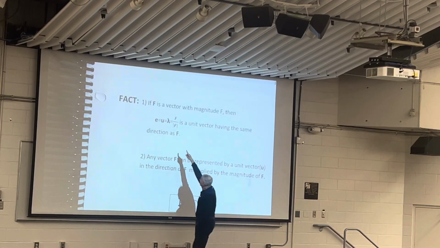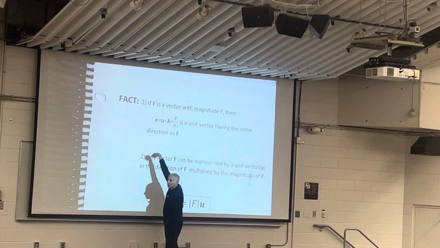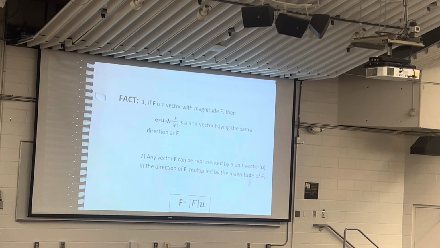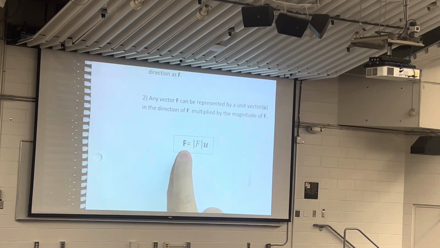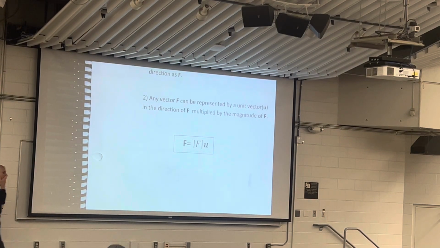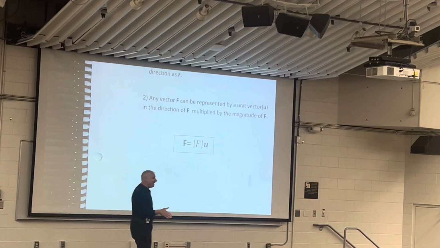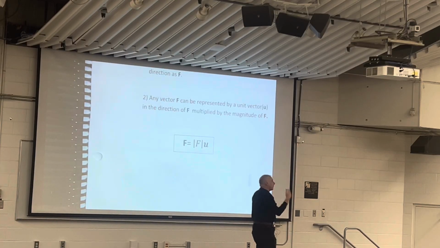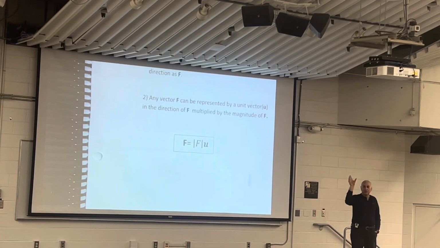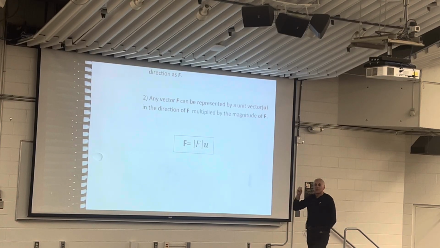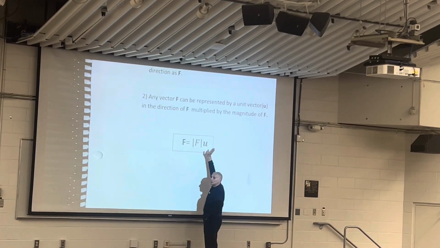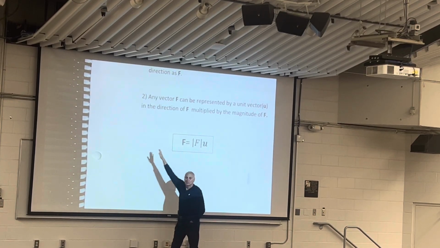So take this F in the denominator, bring it over to the other side, and you will see this: F is equal to F magnitude times the unit vector. When we get to 3D, that's exactly how we're going to express the force in ijk. Take the magnitude of force, multiply it by the unit vector. Again, what this is doing is giving you magnitude, giving you direction. All right?